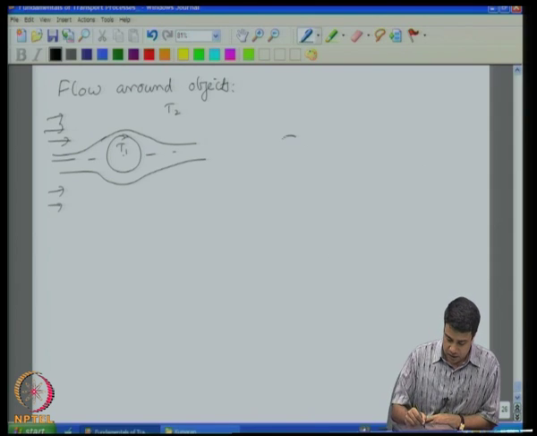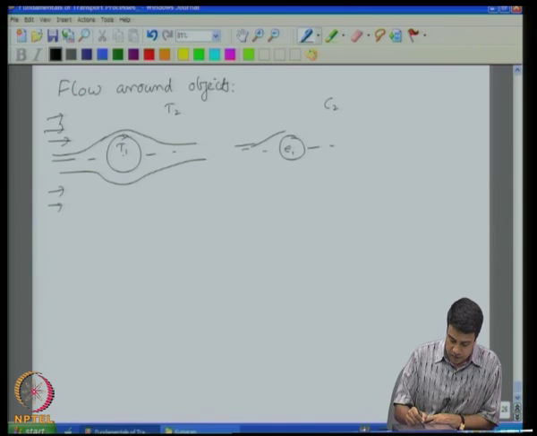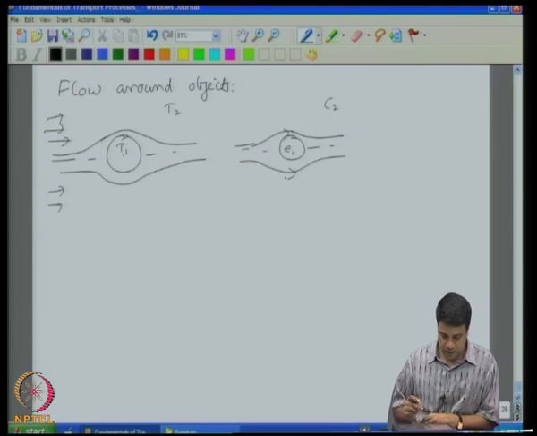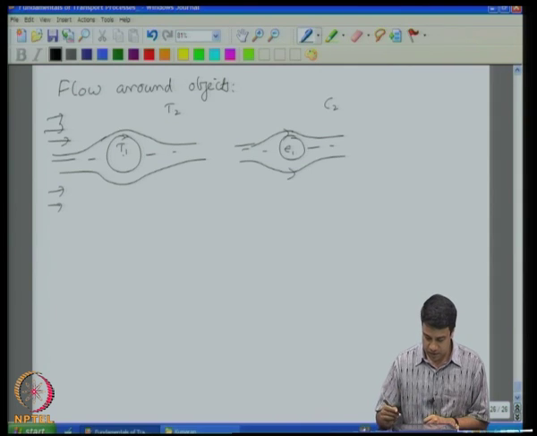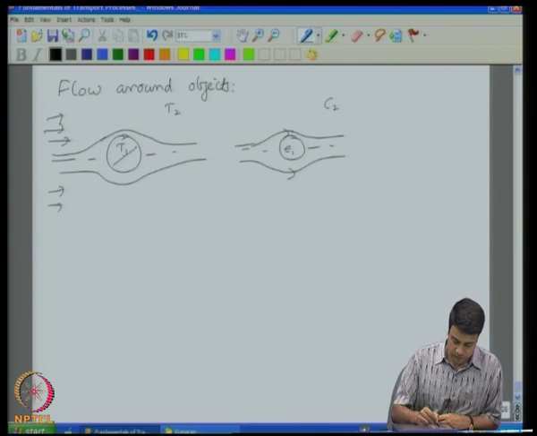Okay. The equivalent mass transfer problem has C1, C2, and there is a flow around this object. Okay. And in this case, the non-dimensional fluxes are based upon the diameter of this object.